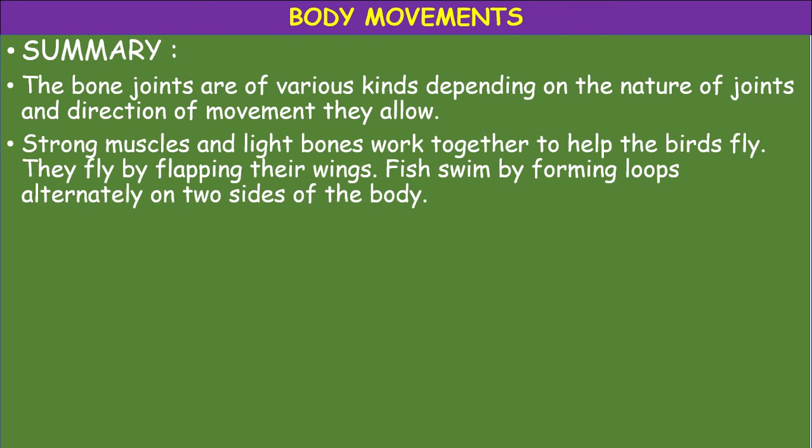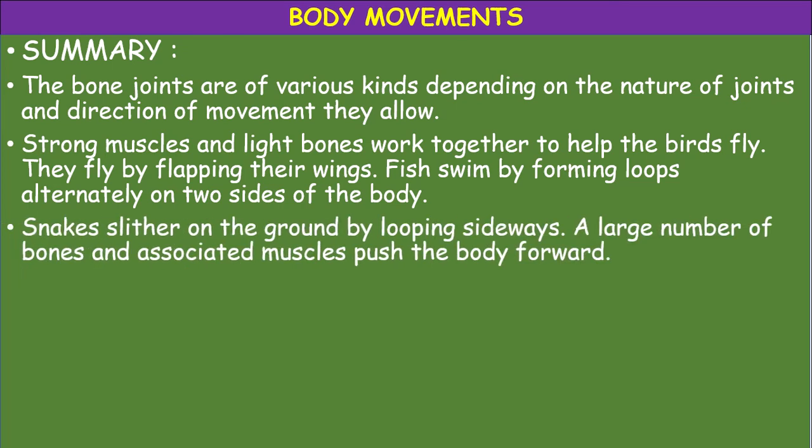Strong muscles and light bones work together to help birds fly, isn't it? They fly by flapping their wings. Fish swim by forming loops alternately on two sides of the body. Snakes move with a slithering movement on the ground by looping sideways. A large number of bones and associated muscles push the body of the snake forward.